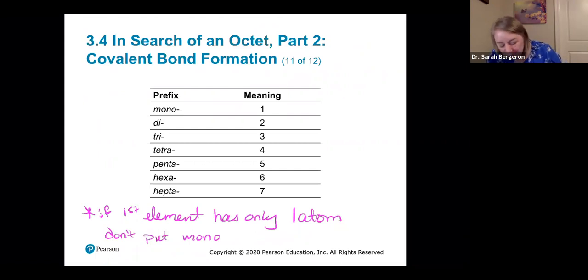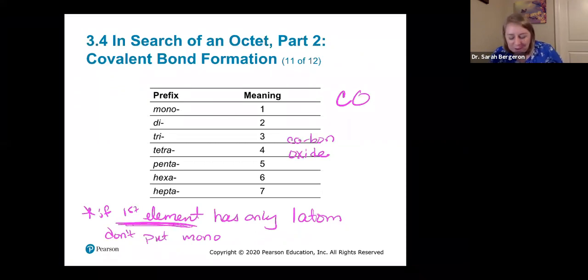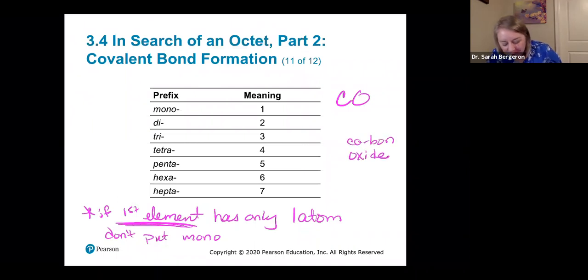So if I had something like CO, I would say that's carbon, right? And then I just name my second element, and I'm going to end it in ide. So that's oxide. So carbon oxide, but now I need prefixes. I only have one carbon, but it's the first element, so I'm not going to add anything to it. So I have carbon, and then I have one oxygen, so I'm going to say carbon monoxide.